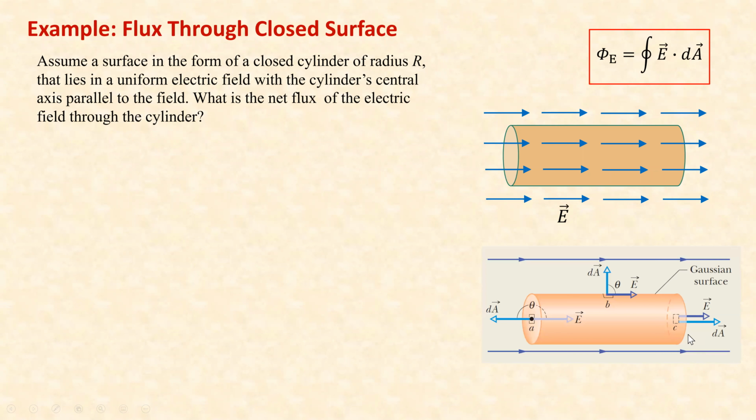If you look at each one of those, you see that on the cylindrical part, the round part, E is parallel to the surface, and dA everywhere is perpendicular to the surface. Then E and dA are perpendicular to each other. Therefore, E dot dA becomes 0.